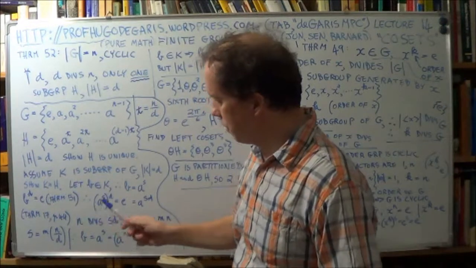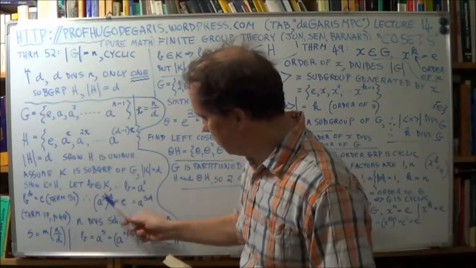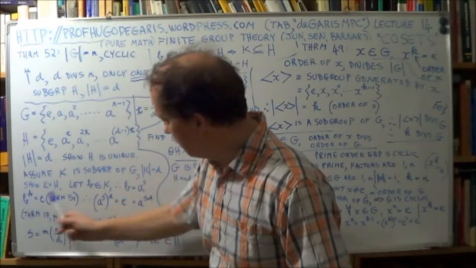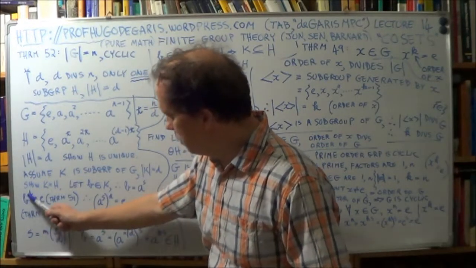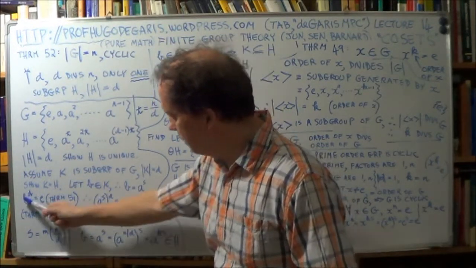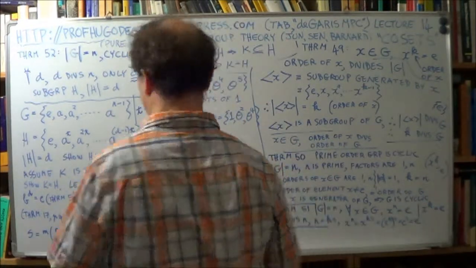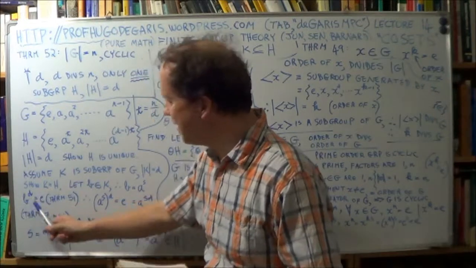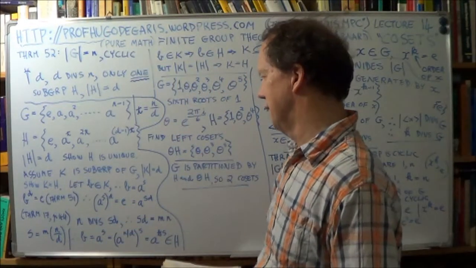Here the order of the subgroup K is D, right? So any element of K raised to the power of the order of K, by this theorem, is equal to E. So B to the D is equal to E, right?